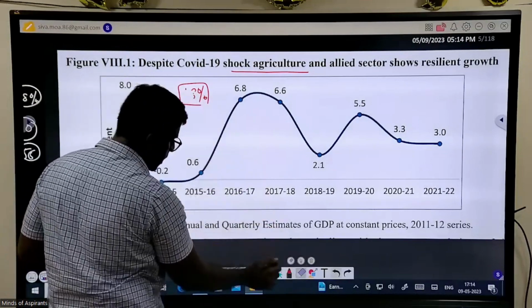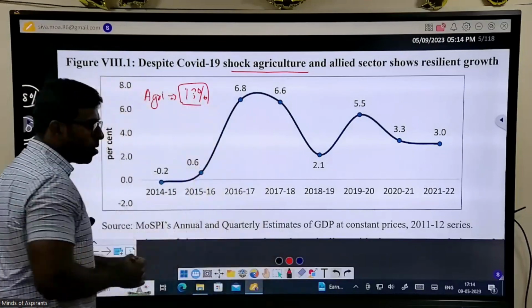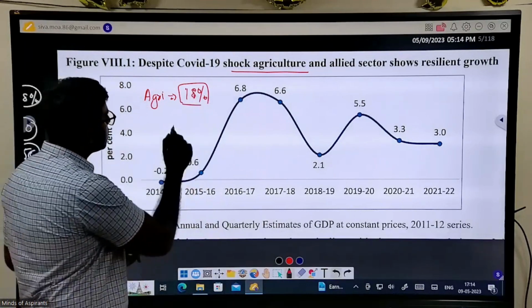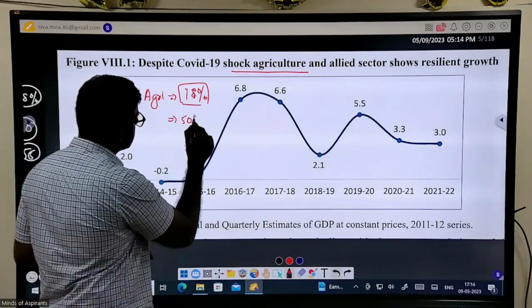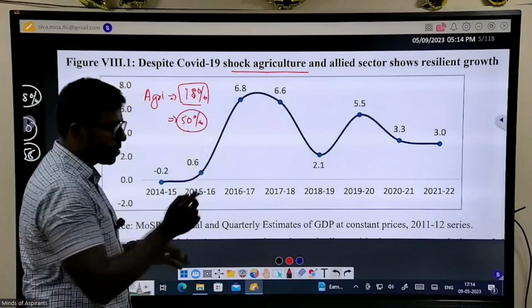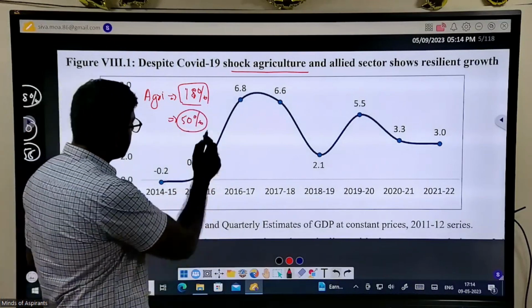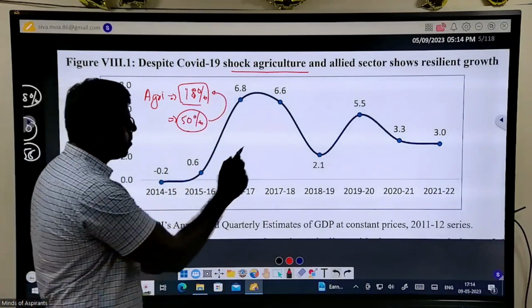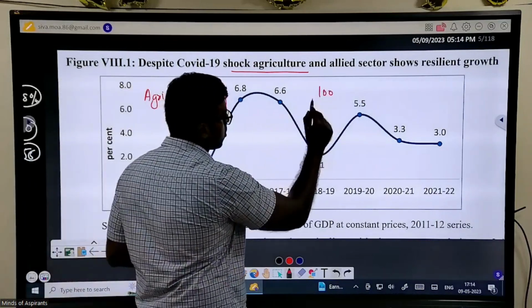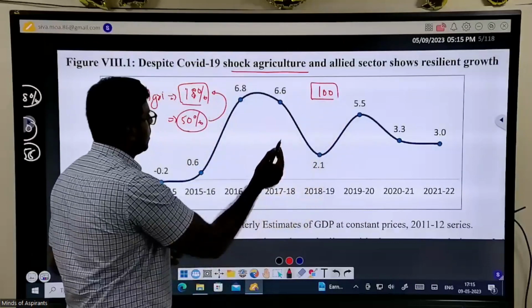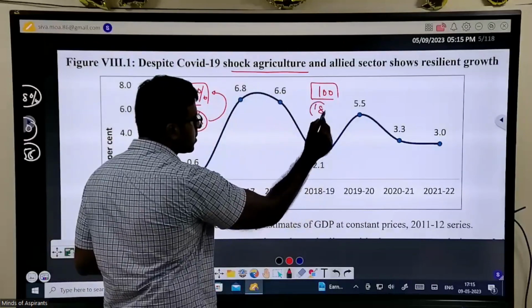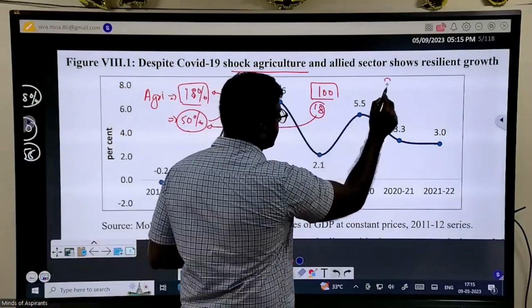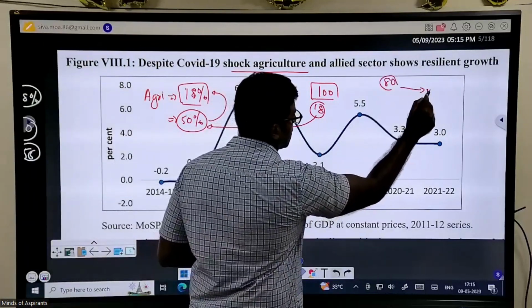But if you see the dependence, nearly 50% of the population, approximate figure, is dependent on agriculture. So 50% of the population depends on 18%. It is like, out of 100 rupees, 18 rupees is shared by 50 people, and the remaining 80 rupees is shared by the other 50 people.